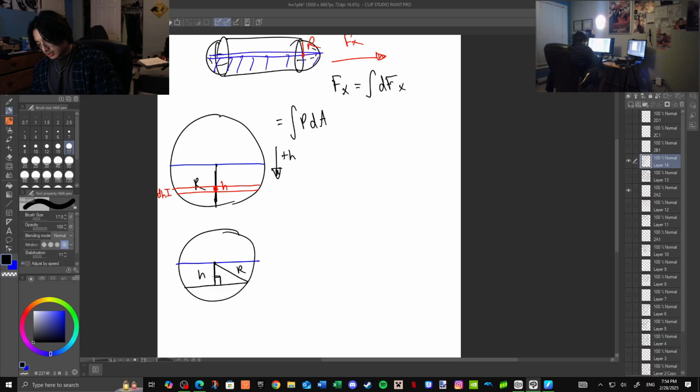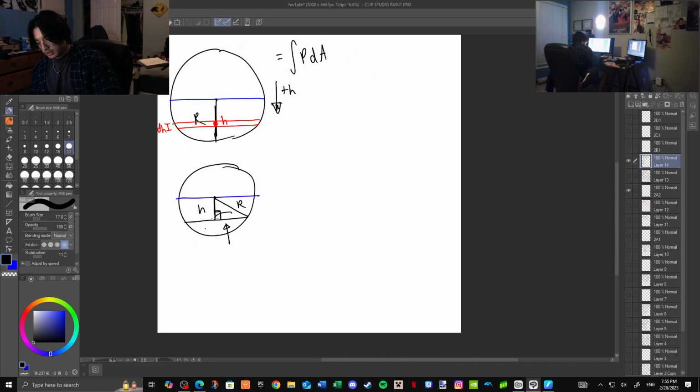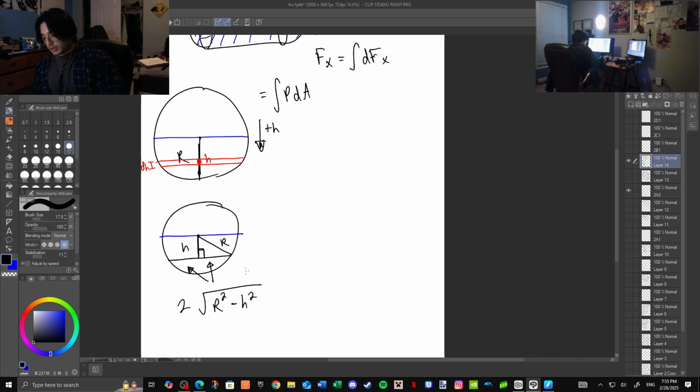And since this is a right triangle, you can use the Pythagorean theorem to find the length of this side, and that would be the square root of r squared minus h squared. But since that's only for this part and not this part, we're going to need to multiply by 2 so that we can cover both of those lengths. And so dA would be that expression times dh.